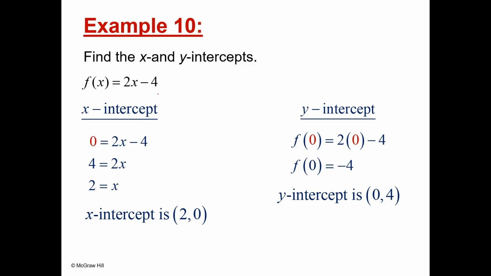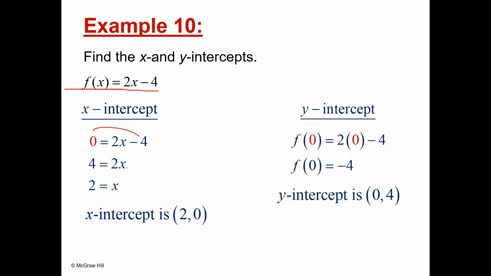Let's take an example and see how to calculate the x and y intercepts. F of x is equal to 2x minus 4 in this example. Let's calculate the x-intercept. Let's take f of x equal to 0. Replace it in the equation on the left side, and on the right side we have this function 2x minus 4. So 0 equals 2x minus 4. Let's find x, so we need to isolate the x.